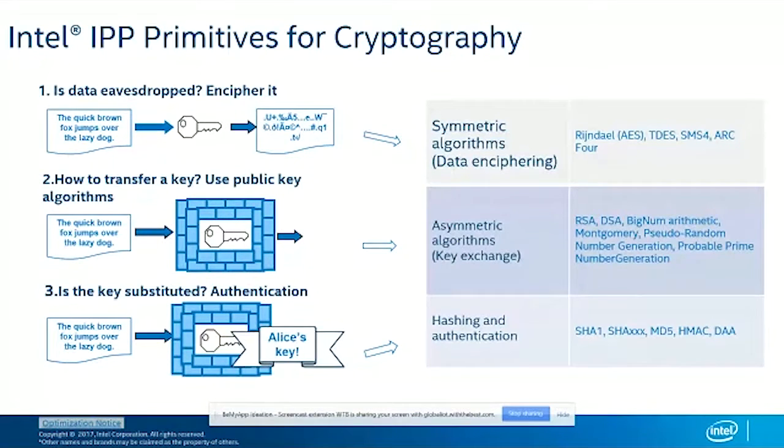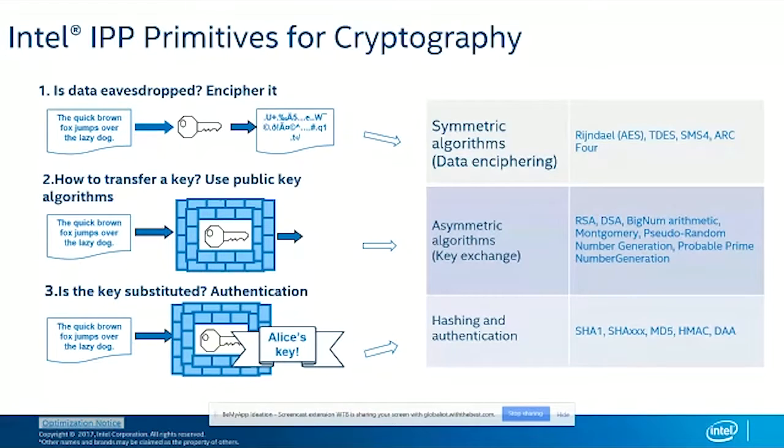But there is another problem: if I want to transfer encryption keys to another party, how can I do this? It uses asymmetric algorithms that can be used for key exchange, like the RSA algorithm and DSA algorithms.